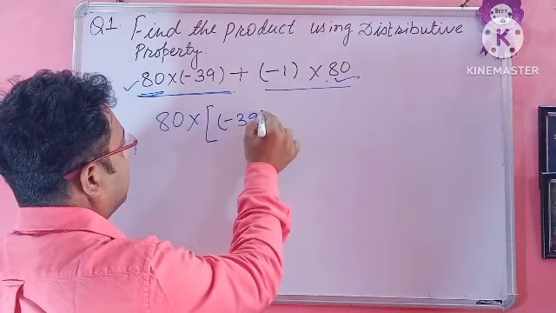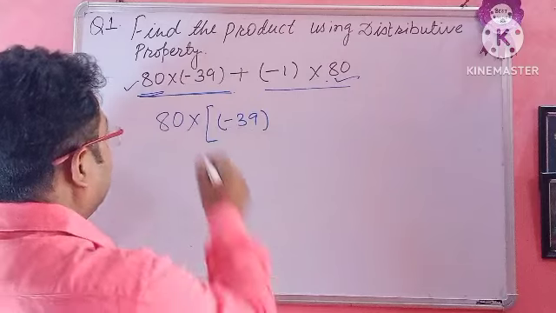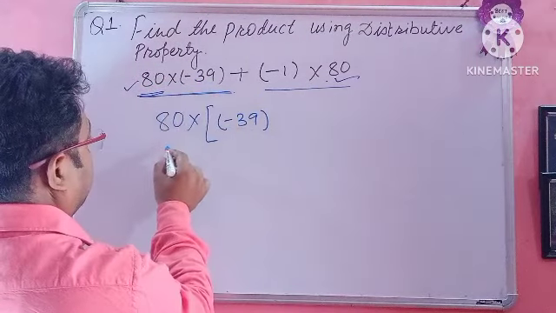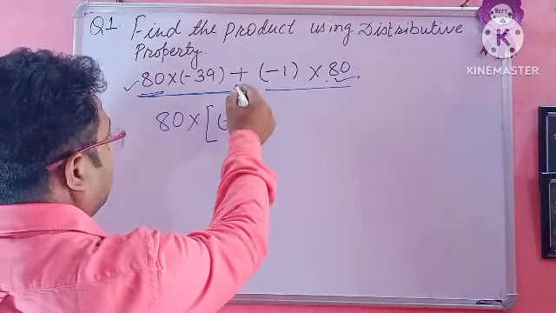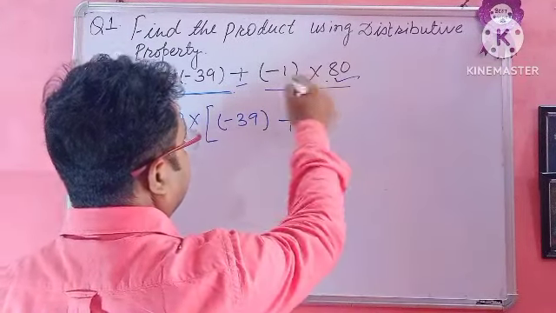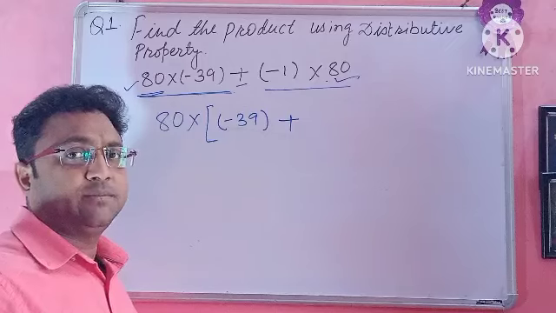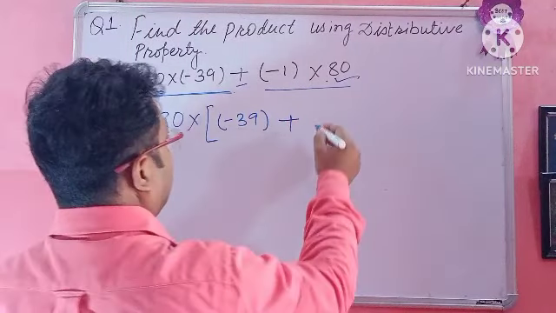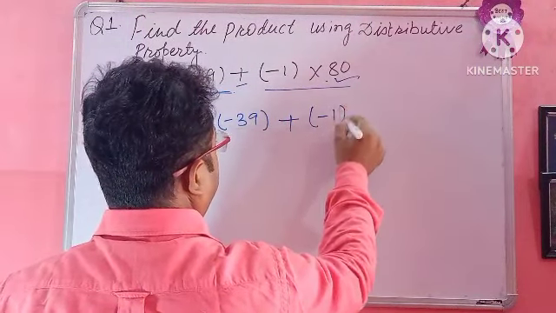Then we will write minus 39. Now see, 80 multiply minus 39. Here it is written with a plus sign, so put a plus sign here. Now 80 is also multiplying with minus 1, so we will put minus 1.